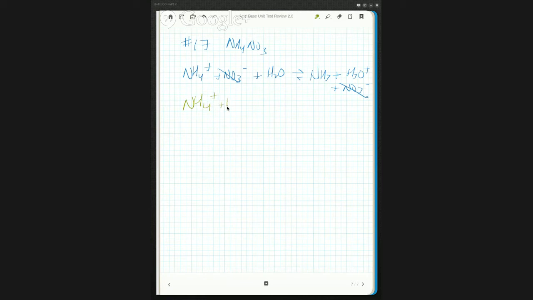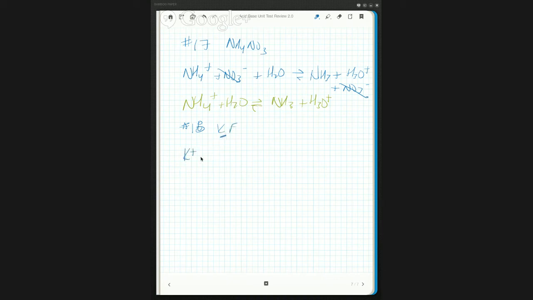NH4 plus H2O yields NH3 plus H3O plus. And then for number 18, we had KF, alkali metals totally soluble.